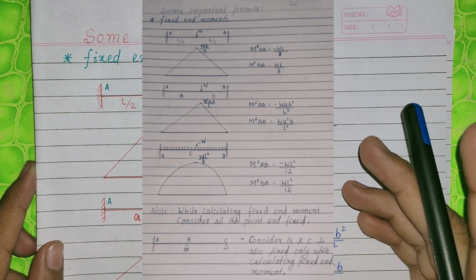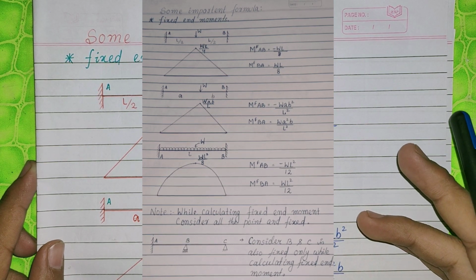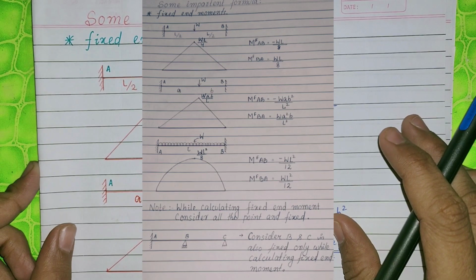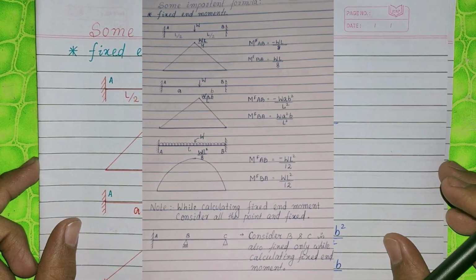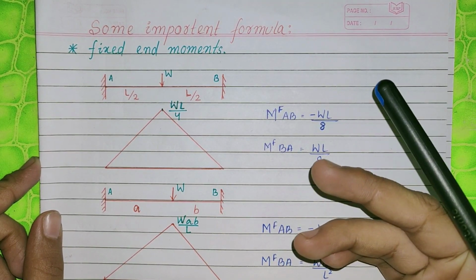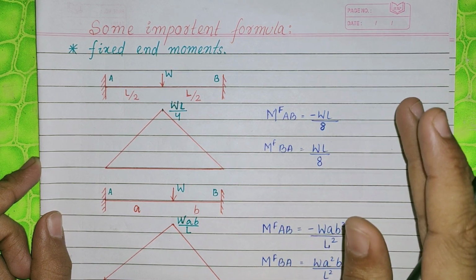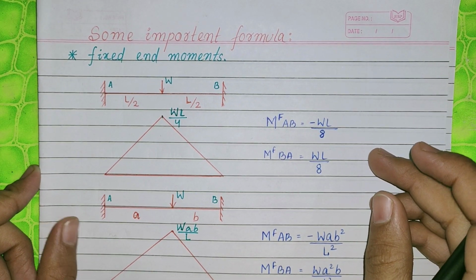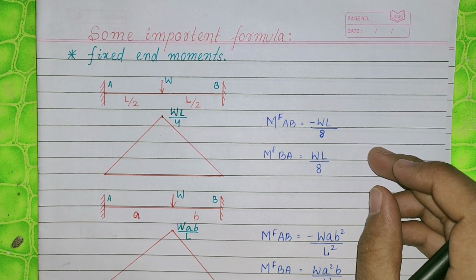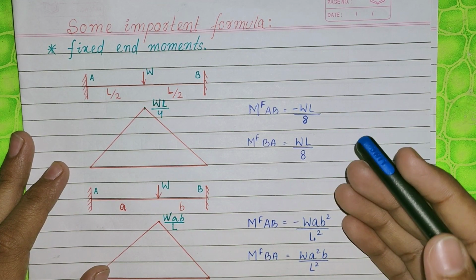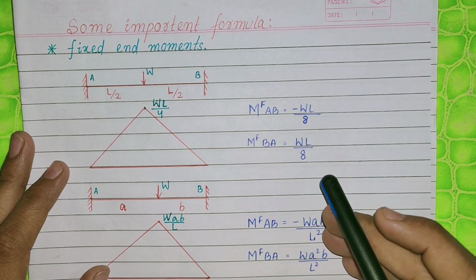This will help you while calculating moments. Let me explain all these formulas and diagrams. When you solve problems you will understand easily, but let me first explain. Anyway, let's get straight to the point.